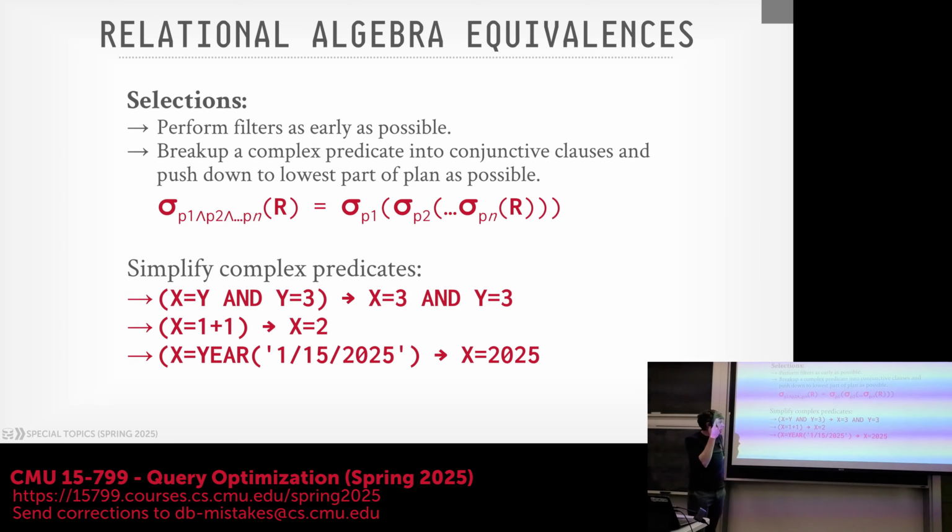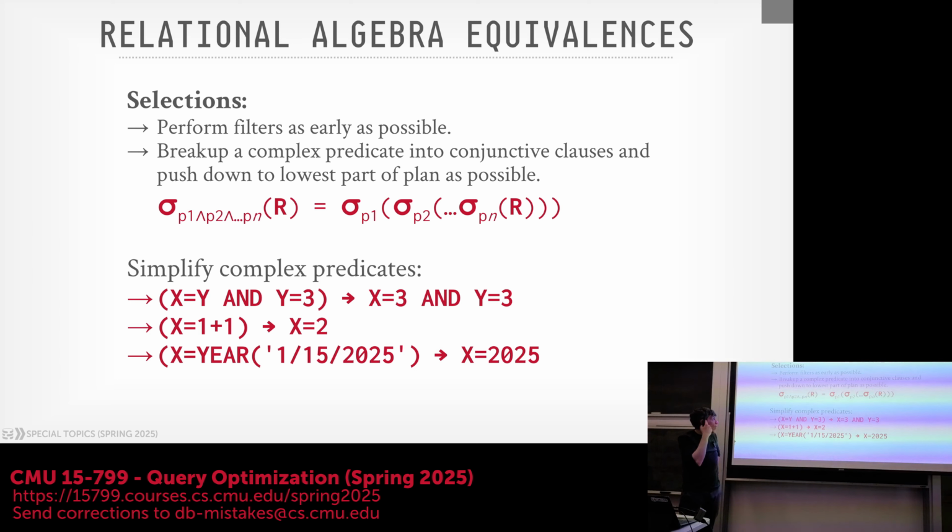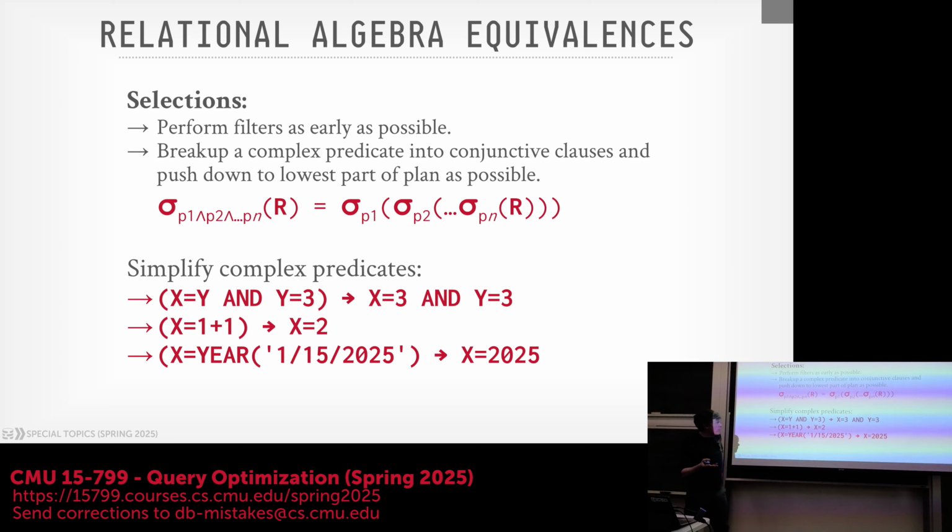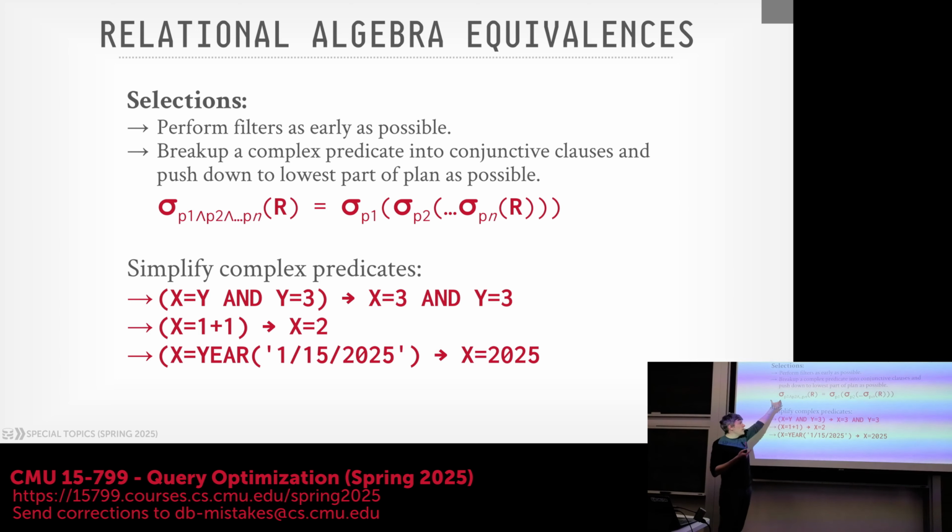So the two we're going to care about in this class today are for selections and joins, right? And I've already said this multiple times. But basically, we know that we can move around the predicates in our selection operators or scan operators on relations, and that it's still going to be correct.